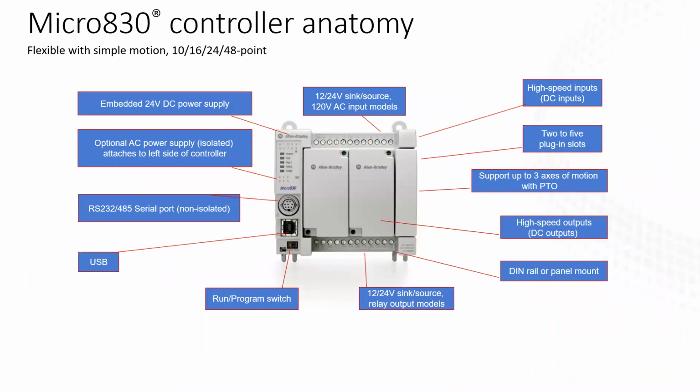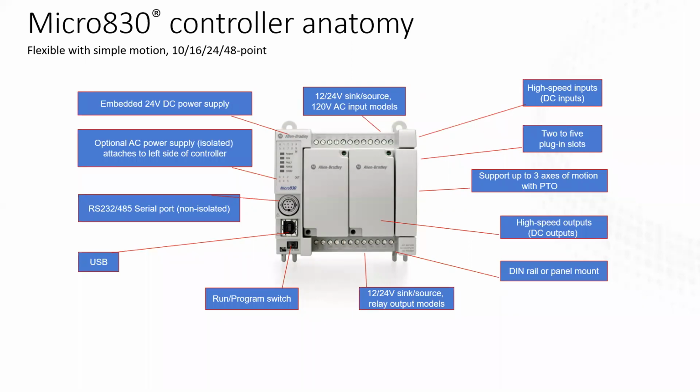Then the 830 is a little bit of a step above, really mainly because it supports simple motion. So if you want to do just up to 3 axes of motion in a standalone system, this is something you may want to look at. It does have a 485 port that's not isolated. And it also has 2 pluggable slots there.